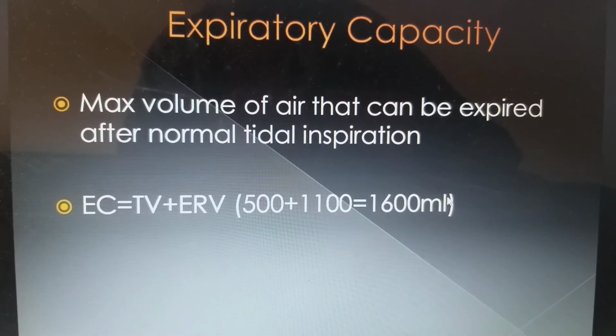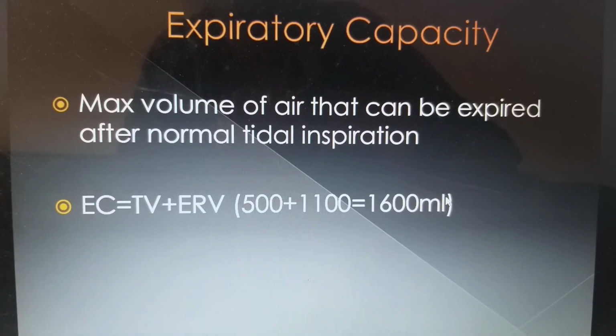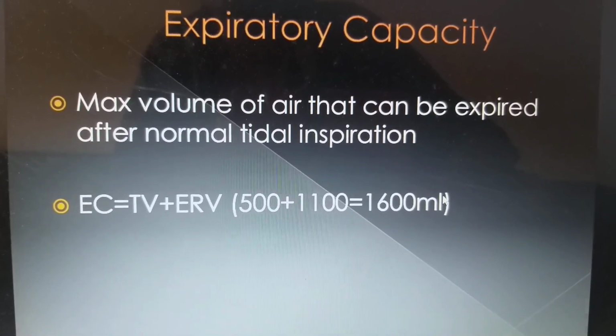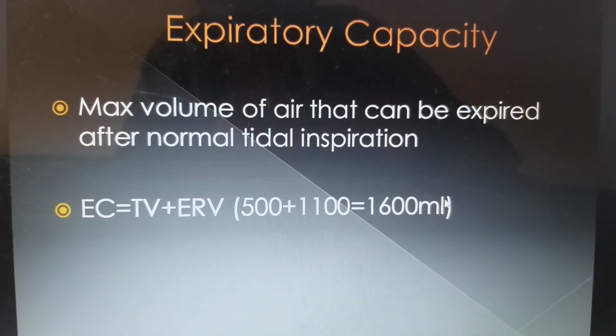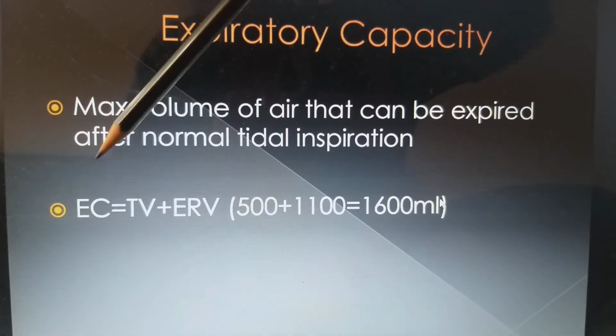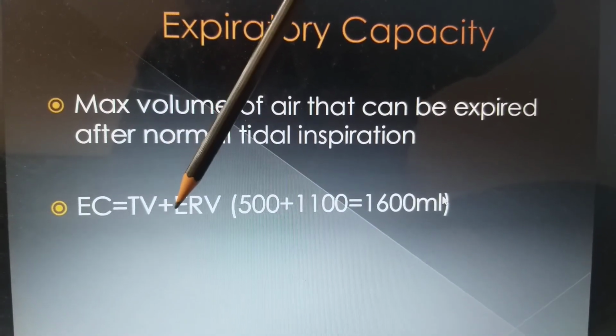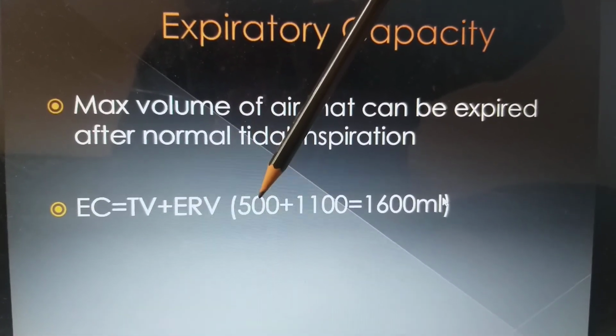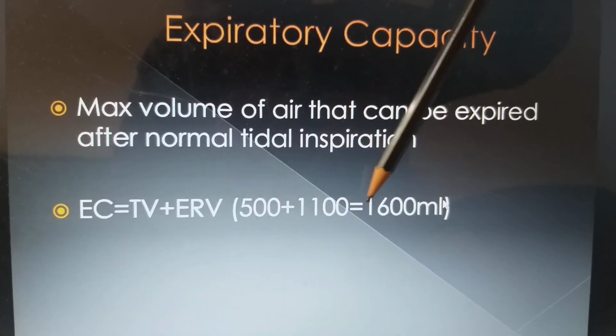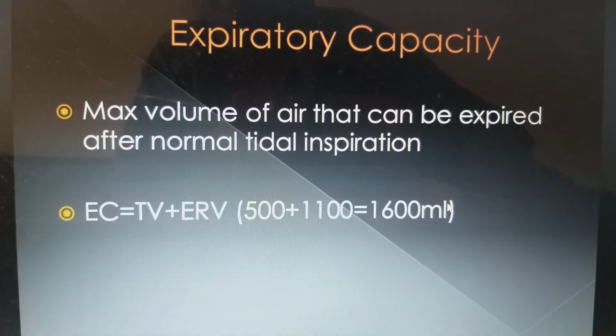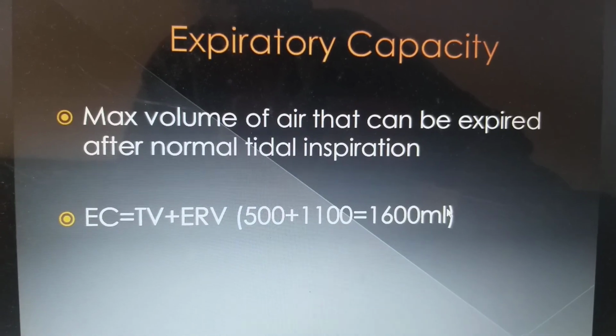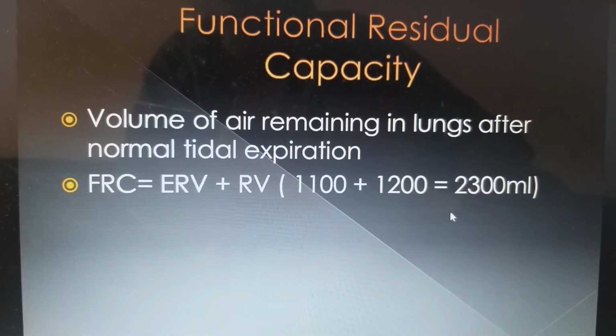Expiratory capacity. The maximum amount of air that can be expired after normal tidal inspiration we call expiratory capacity. Expiratory capacity is equal to tidal volume plus expiratory reserve volume, means 500 plus 1100, that gives us 1600 ml. Functional residual capacity.